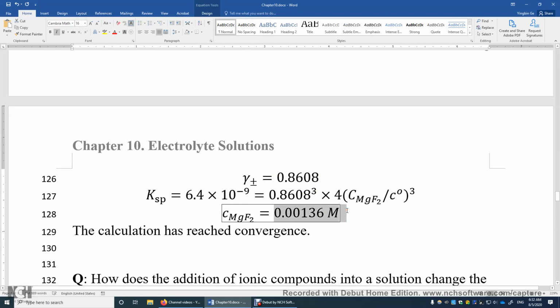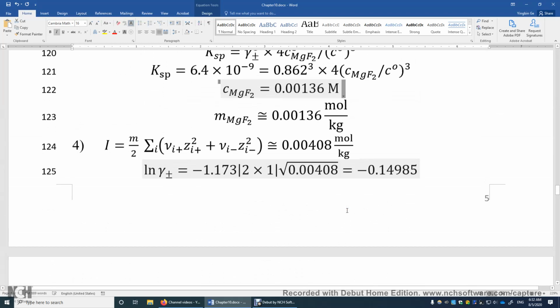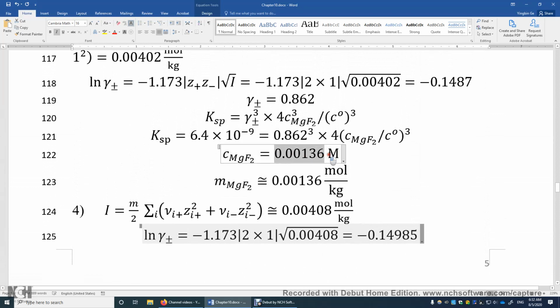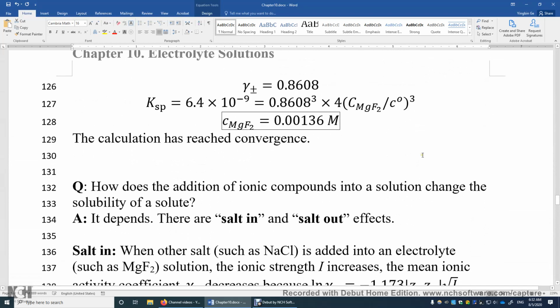This concentration is the same as the concentration in the previous step. And then, well, there's no point to keep doing this iteration. We say the calculation has reached convergence. Alright, so this is a little complicated, but this algorithm is very important. It's very useful in physical chemistry and many other sciences.